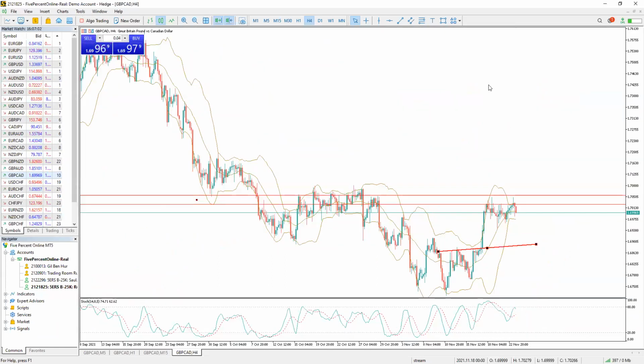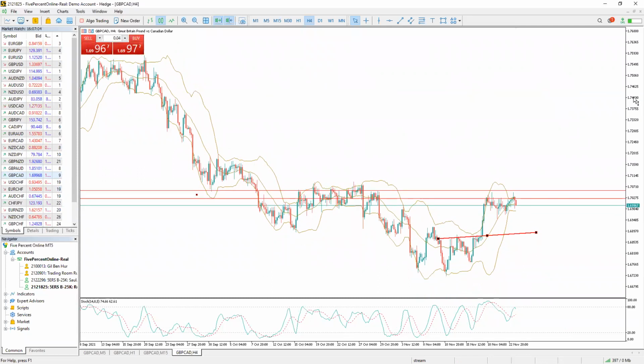On the H4, if you want to open a sell here, for example, this would be the first touch, and here will be the second. And if you want to let a runner in your position, you can even wait for a lower low. That will be interesting.